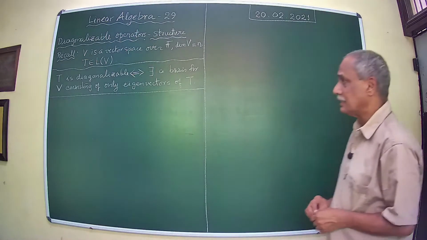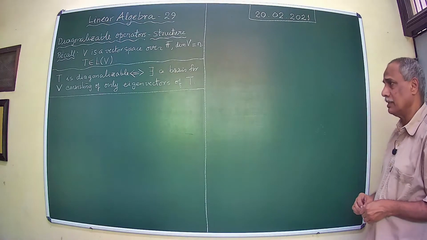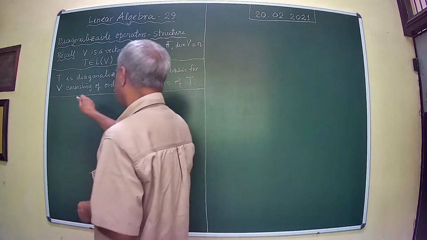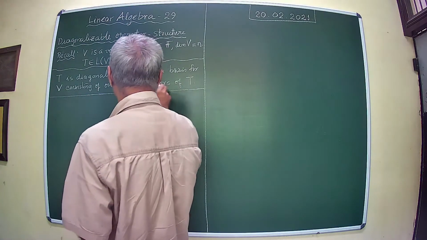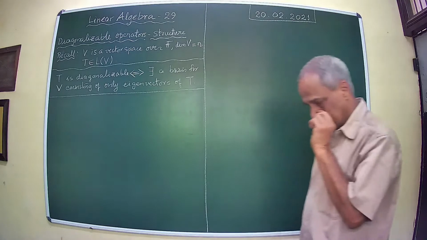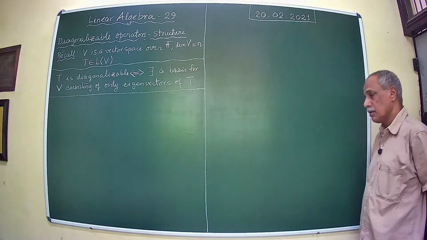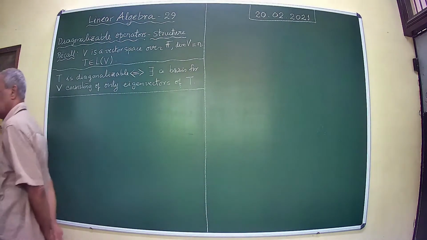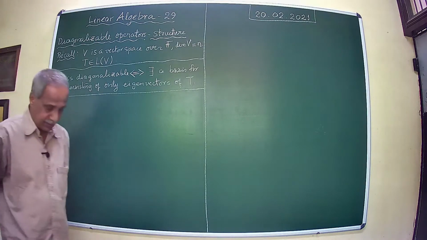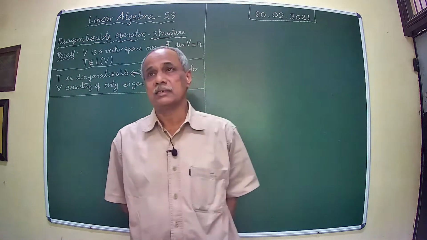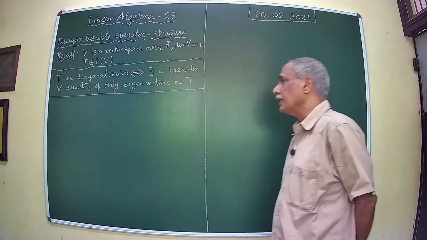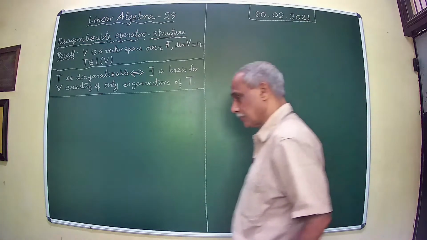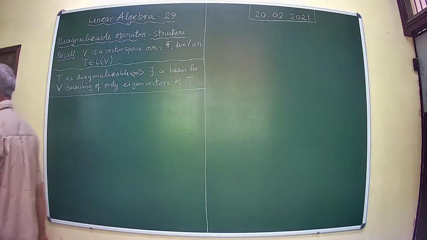We characterized diagonalizability, or just a definition mainly. T is diagonalizable if and only if there exists a basis for V consisting of only eigenvectors of T. Which means if T is given, because the dimension of the space is assumed to be n, what we want is a set of n linearly independent vectors which form a basis for the vector space.